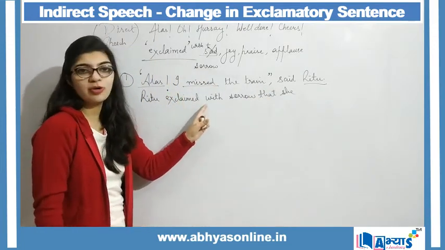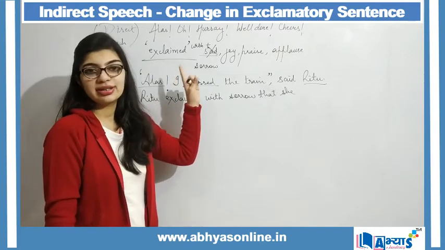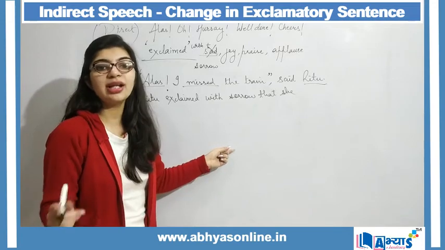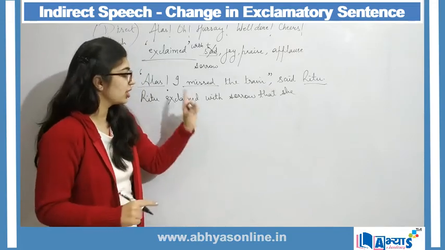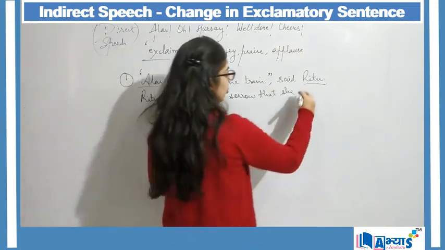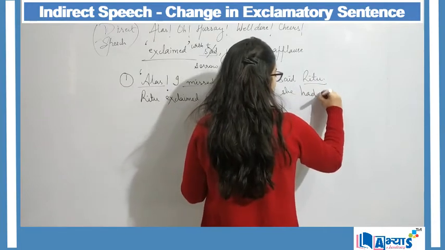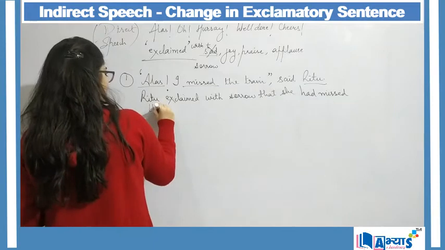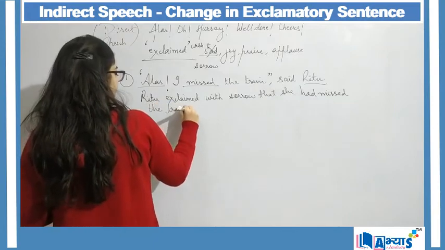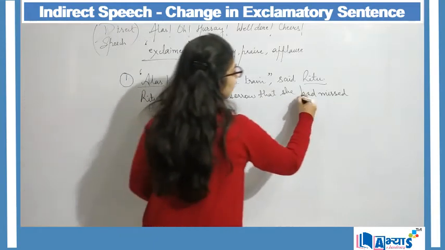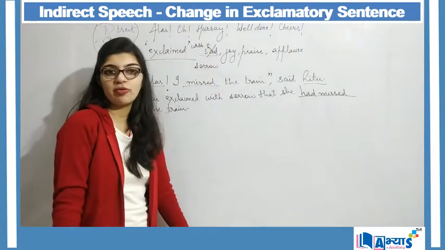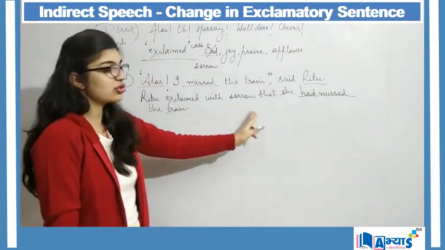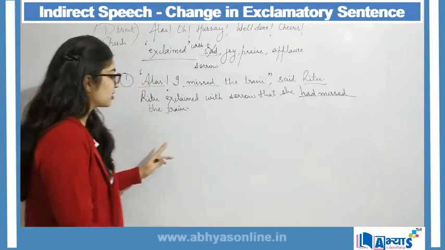The past form of verb in direct speech changes to past perfect while converting into indirect speech. So missed will be changed to past perfect. And past perfect is had plus third form of verb, which is missed. So Ritu exclaimed with sorrow that she had missed the train.